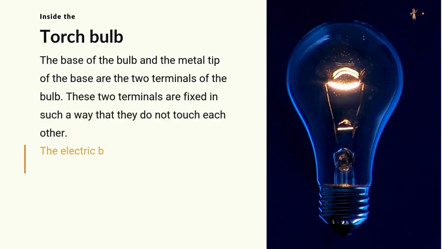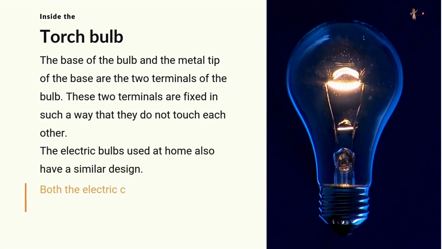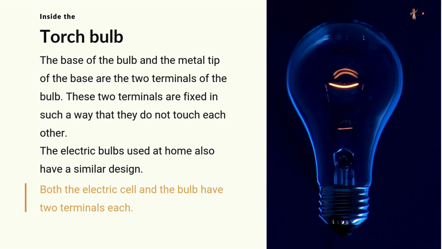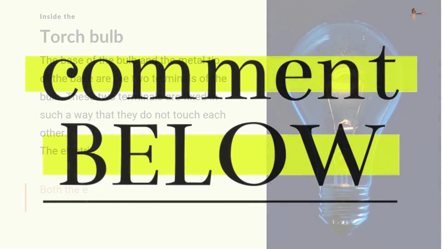The electric bulbs used at home also have a similar design. Thus, both the electric cell and the bulb have two terminals each. Why do they have these two terminals? Do you know? If yes, comment below.